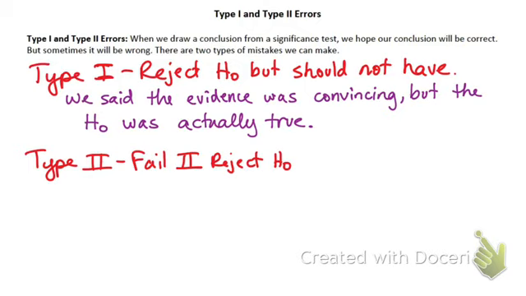We fail to reject the null hypothesis, but should have rejected. In this situation, we did not say that the person was guilty, but they really were. Okay? In this situation, we did not reject the null. I'm sorry, I said that backwards. In this situation, we did not reject the innocence, the null hypothesis, but we should have rejected the innocence.